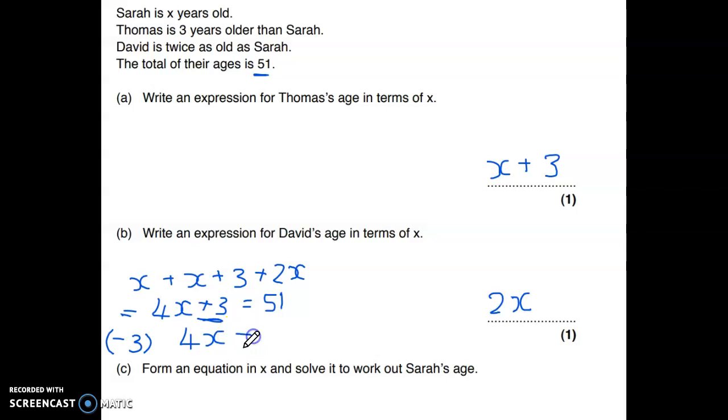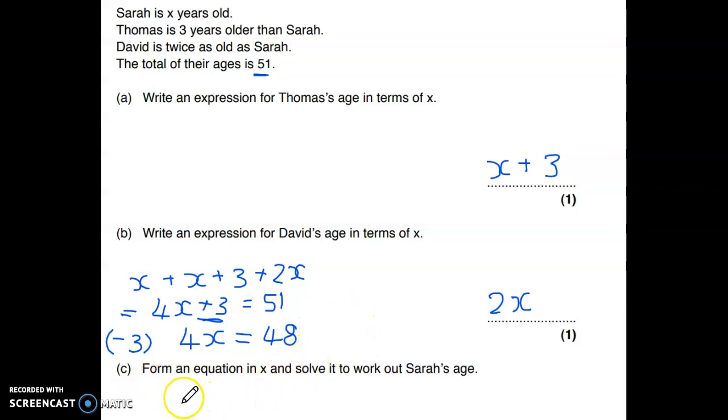However, we had an equation, both sides being equal. The left-hand side's now 3 less than the right-hand side. So in order to keep the equations equal, to keep them balanced, we have to subtract 3 from the right as well. So if we take 3 off 51, we get 48.